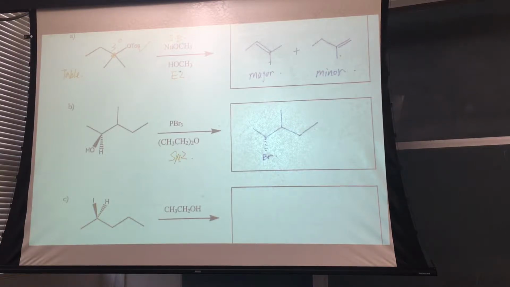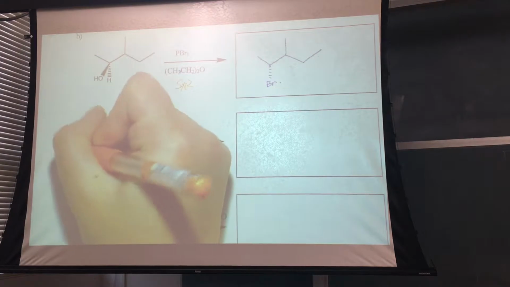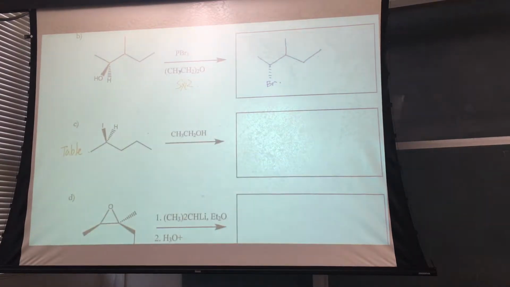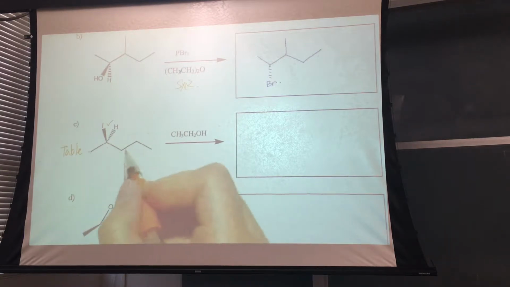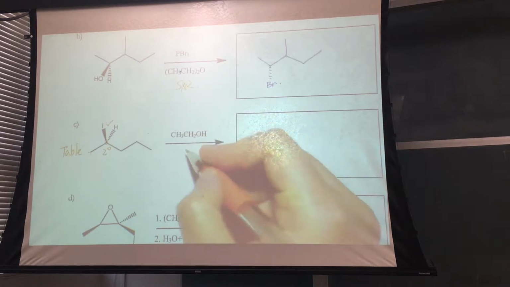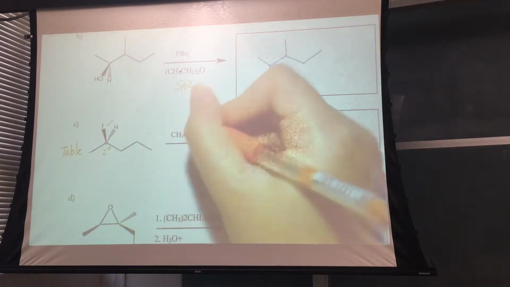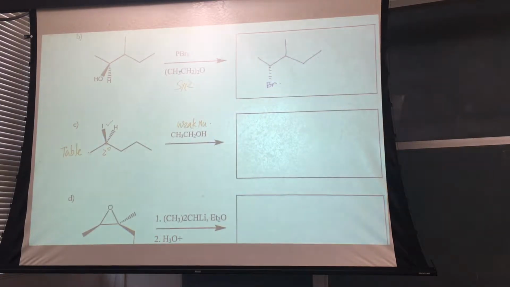Okay. Next one is another table question. So I'll write table here. So I have a good leaving group, iodide. This center carbon is secondary. This one is alcohol, which is a weak nucleophile.